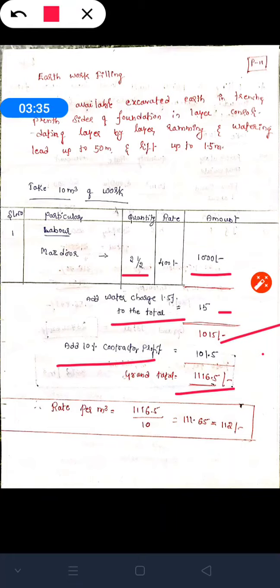But if you consider 1 meter cube, then rate per 1 meter cube equals 1116.5 divided by the total work, that is 10 meter cube, and then we get 112 rupees. It means per meter cube we require 112 rupees to fill the soil. So this is about the earthwork filling by using the soil here.